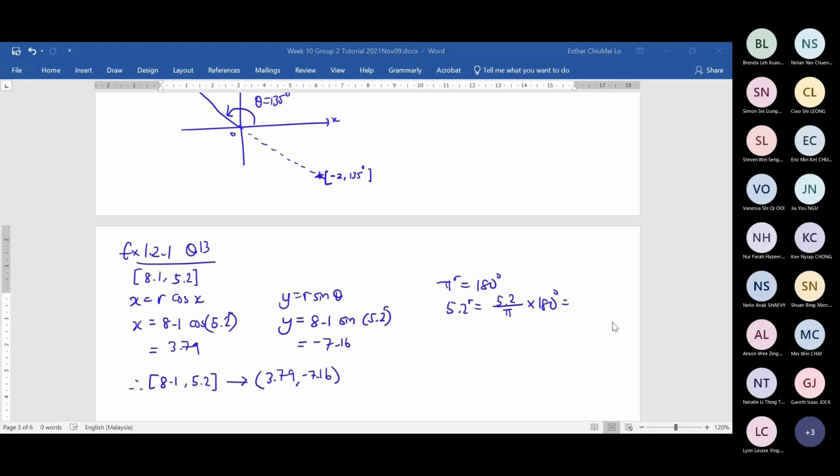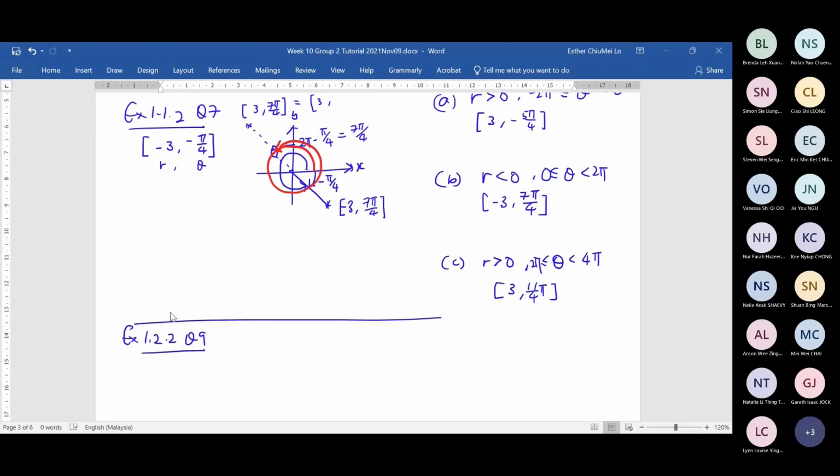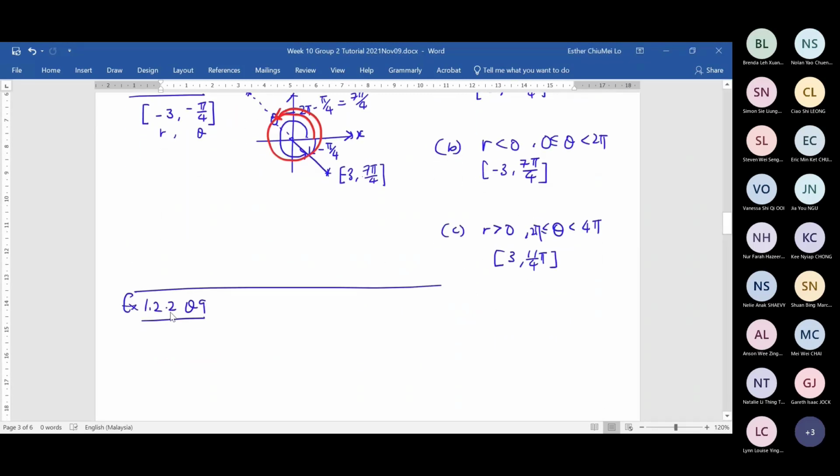Next question. We have to find the polar coordinates of each of the following points given in Cartesian coordinate. So this is Cartesian: 1.3 and then negative 2.1. Maybe Farah, think of this.